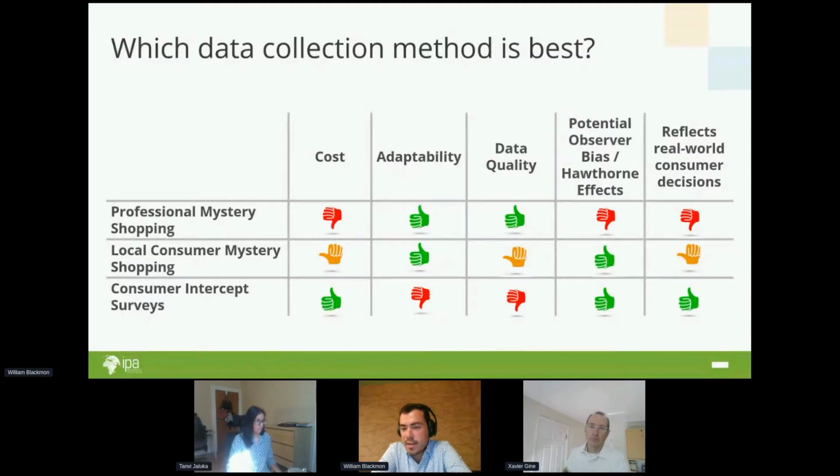We are not assigning consumers to agents when we conduct mystery shopping surveys. Consumers are making their own decisions about which agents to visit. And so these consumer decisions are taken into account when using consumer intercept surveys to measure costs, whereas they're not when looking at mystery shopping.